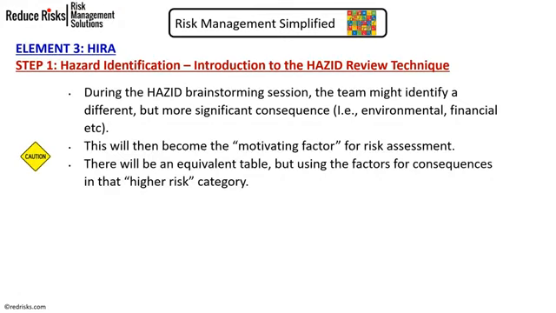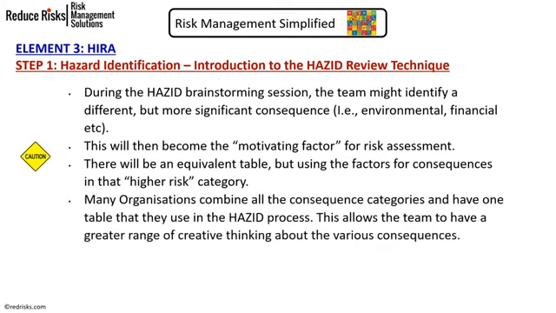It's likely that there will be an equivalent table, like the people consequence one, but using the factors for consequences in that particular higher risk category, be it environmental or financial. And many organizations combine all the consequence categories and have one table that they use in the hazard process. This allows a team to have a greater range of creative thinking about the various consequences.